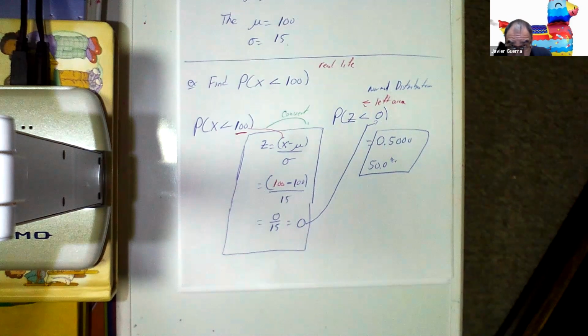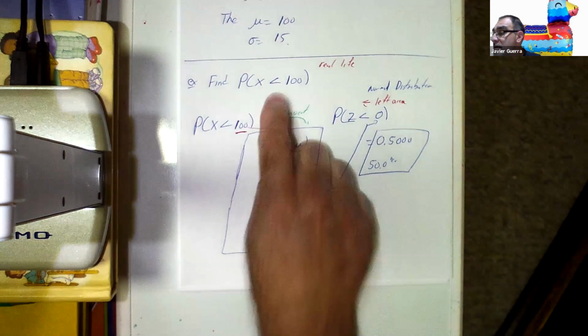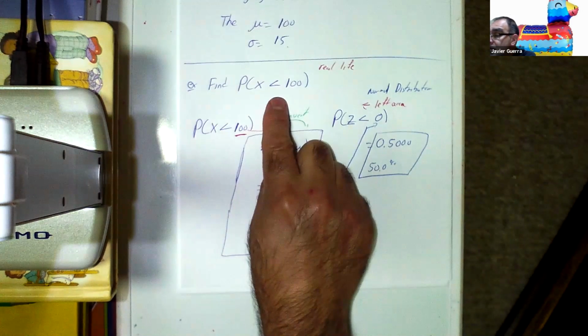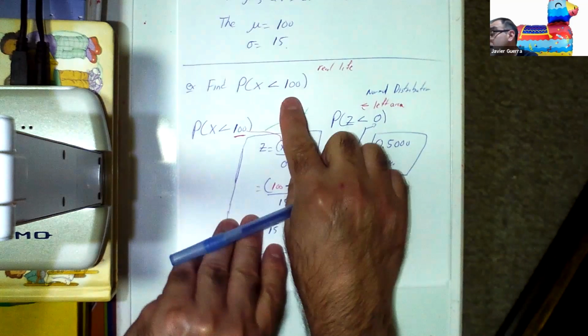Okay, so I'm going to do one of each. So I did a less than. Okay, so the probability that these patients have IQs less than 100, that's 50%.